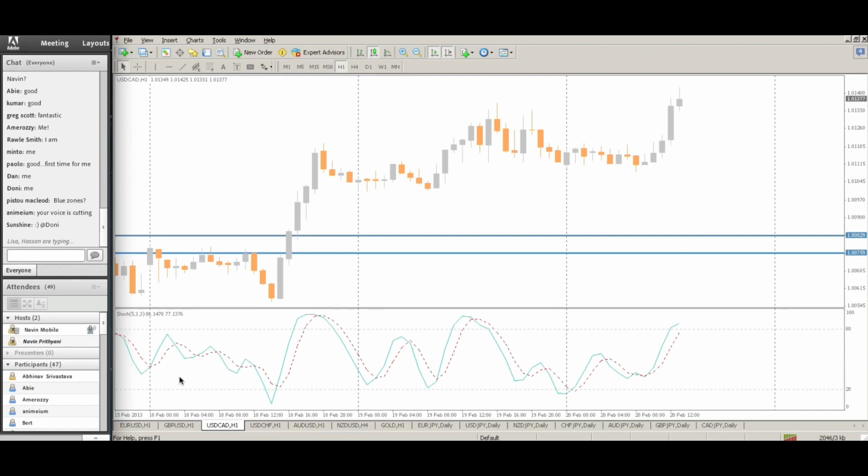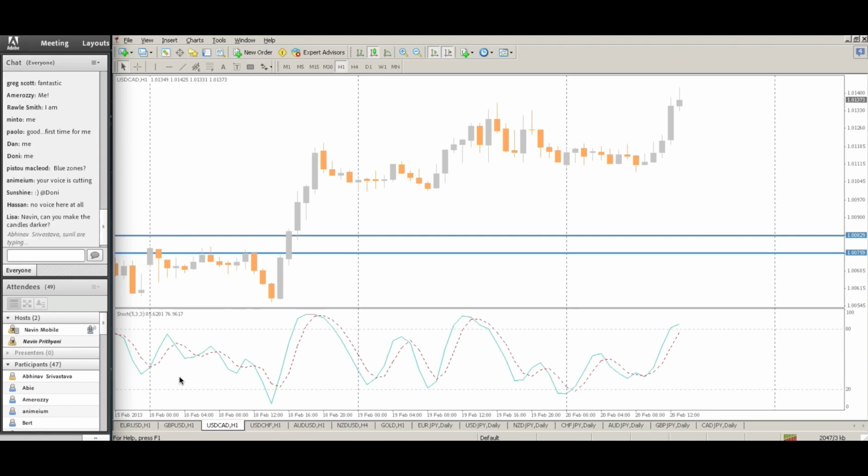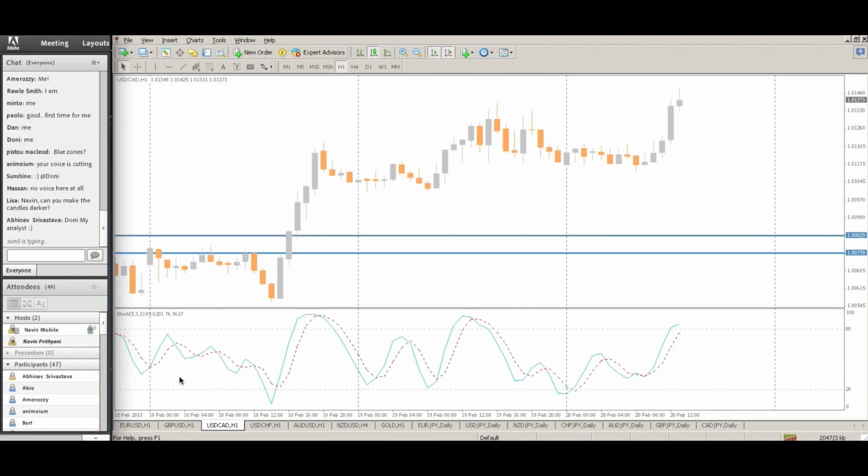If there are any audio issues, let me know. Let me reset the audio one more time, see if that helps. Can you make the candles darker? Yes, I can. Okay, I've reset the audio.